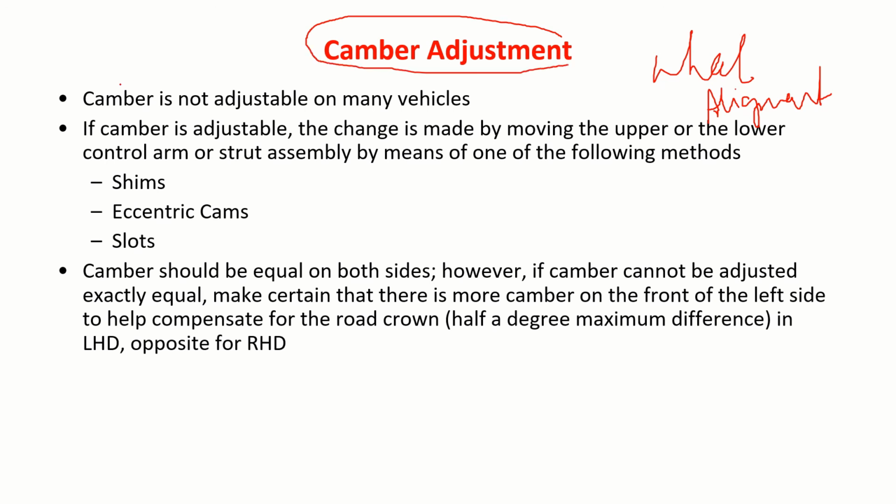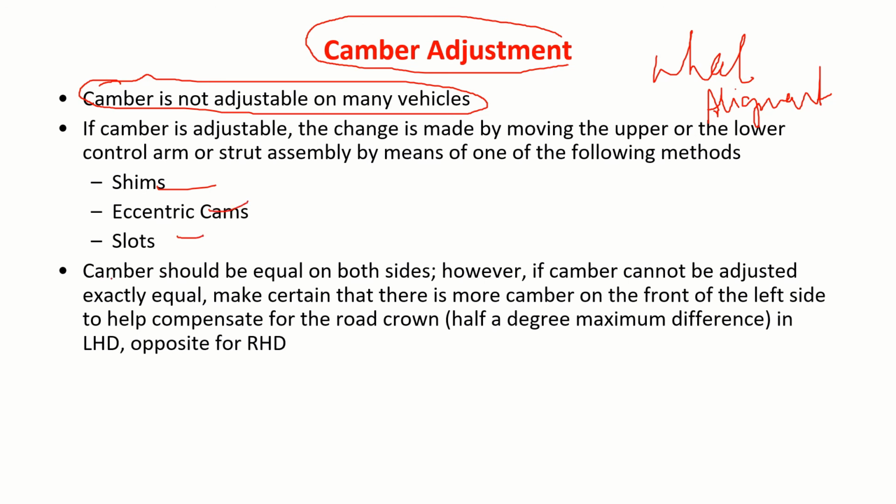Some cars may not have made any provision for camber change, but in some cars camber can be adjusted by moving the upper and lower control arm or strut assembly by means of shims, eccentric cams, and slots and all that.